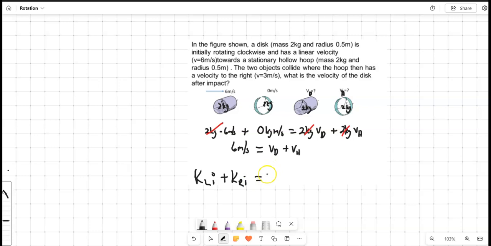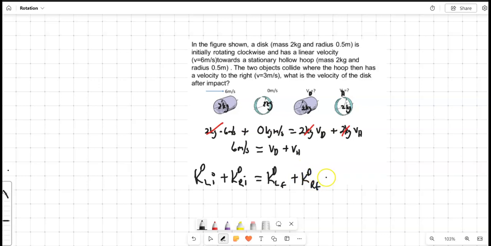In the end, the disk has a final linear kinetic energy and a final rotational kinetic energy.